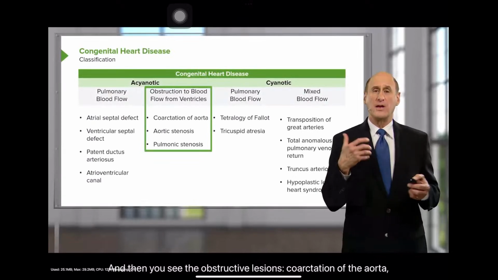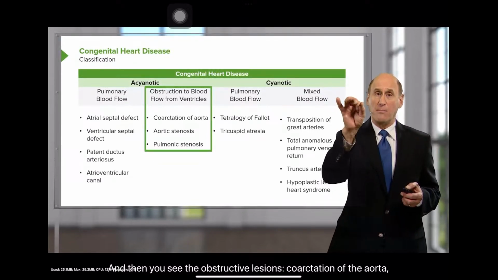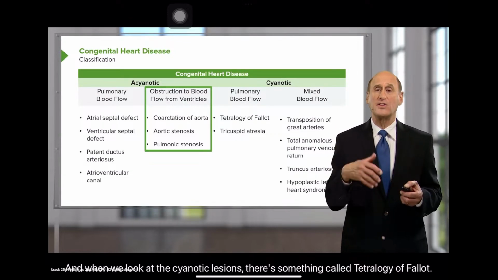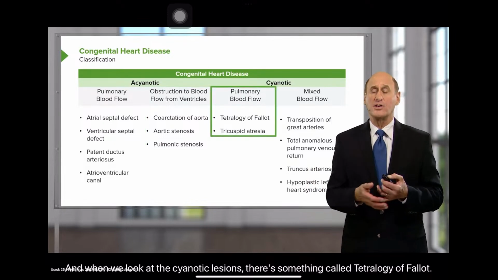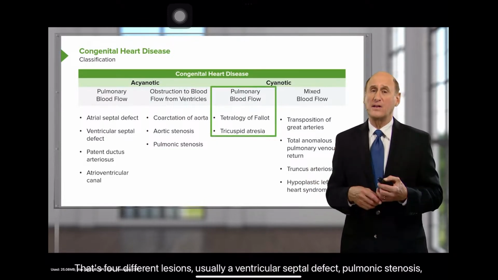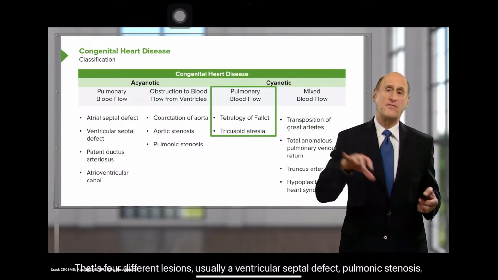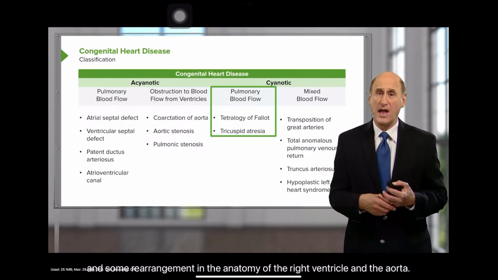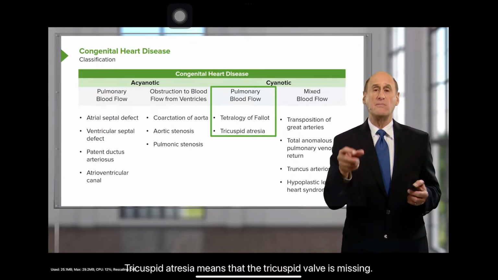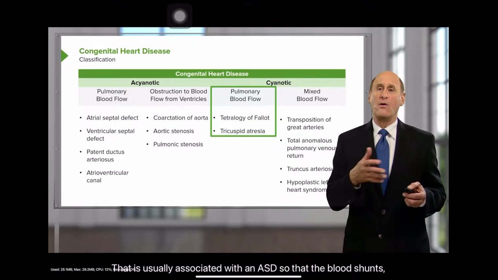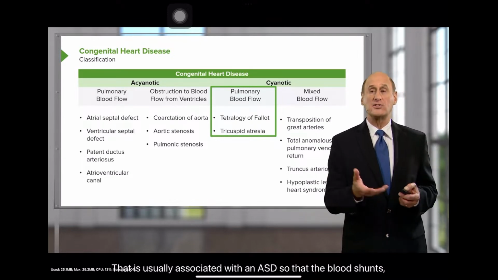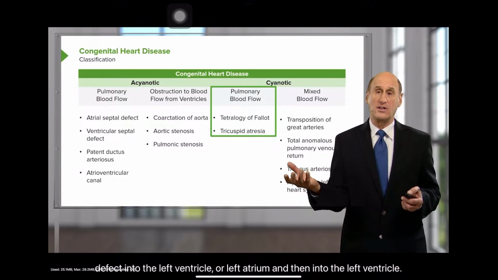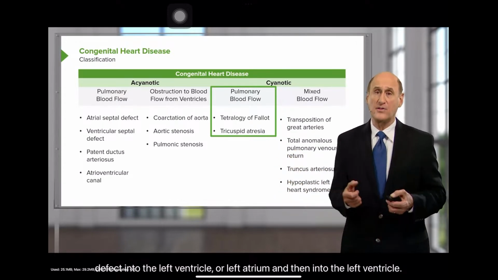And then you see the obstructive lesions: coarctation of the aorta, that's a marked narrowing in the aorta, aortic stenosis and pulmonic stenosis. And when we look at the cyanotic lesions, there's something called tetralogy of Fallot. That's 4 different lesions, usually a ventricular septal defect, pulmonic stenosis, and some rearrangement in the anatomy of the right ventricle and the aorta. Tricuspid atresia means that the tricuspid valve is missing. That is usually associated with an ASD, so that the blood doesn't get into the right ventricle, but shunts across the defect into the left atrium and then into the left ventricle.